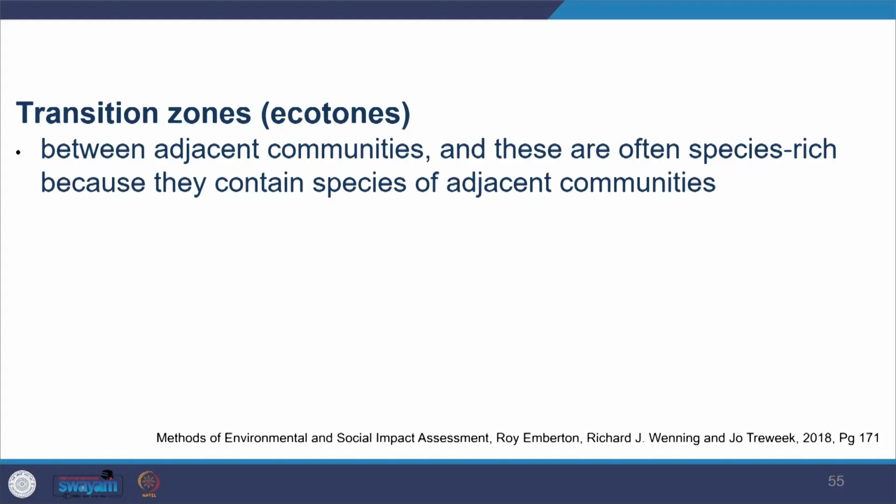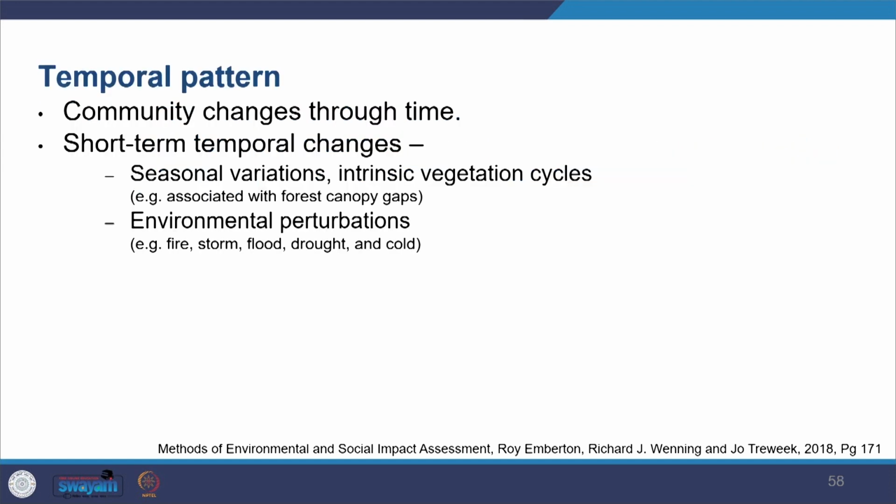You would also find transition zones, another term, ecotones, where there is a sudden transition in a geographical area from one species type to the other, and you would see those differences. And then you also see that there are temporal patterns, so there can be variation with time in the same spatial geographical area.